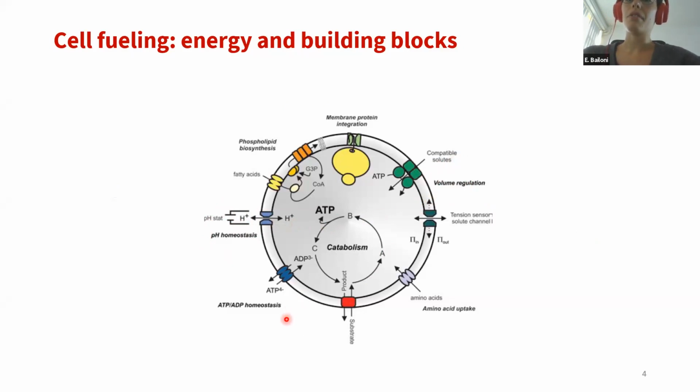On top of that, we need to be able to achieve homeostasis of the nucleotides, so the ATP that is required for all anabolic reactions, for example. We do need a system for the synthesis of phospholipids that are essential in order to expand the membrane, which is a key point before cellular growth and division can happen.